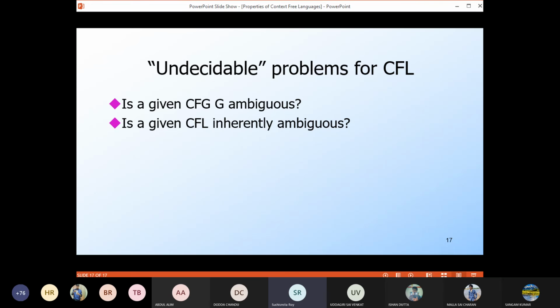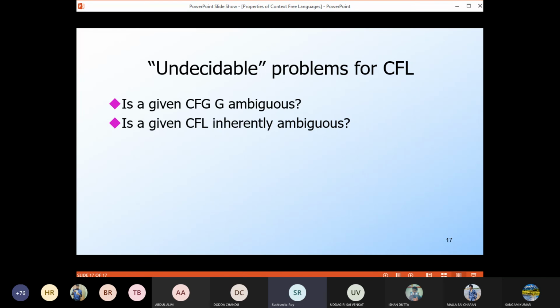Ambiguous grammar, I have already told you, is when you can produce two parse trees for the same string. But sometimes we have certain languages for which we have an ambiguous grammar, but with some modification, addition of some extra variables, etc., we can produce a corresponding non-ambiguous grammar which describes the same language.